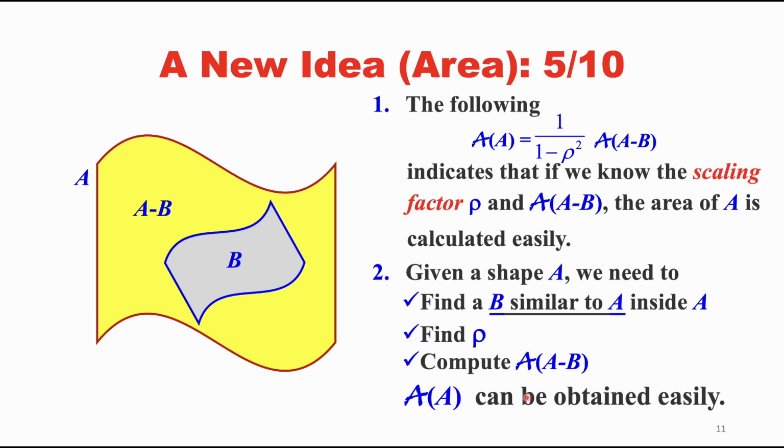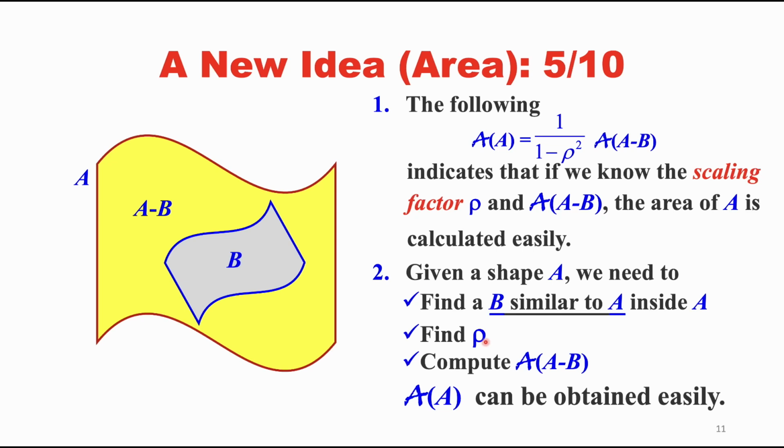A quick summary. Here, it indicates that if we know the scaling factor and the complements of the set B, or the shape B, the area of A can be calculated easily. So what we have to do is, given a shape A, we need to find a B that is similar to A inside A. And then from the edge of A here and the edge of B here, we find rho.